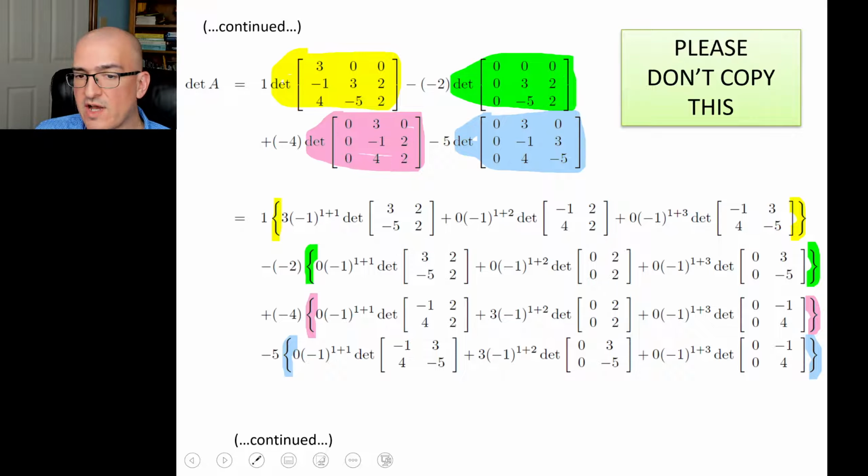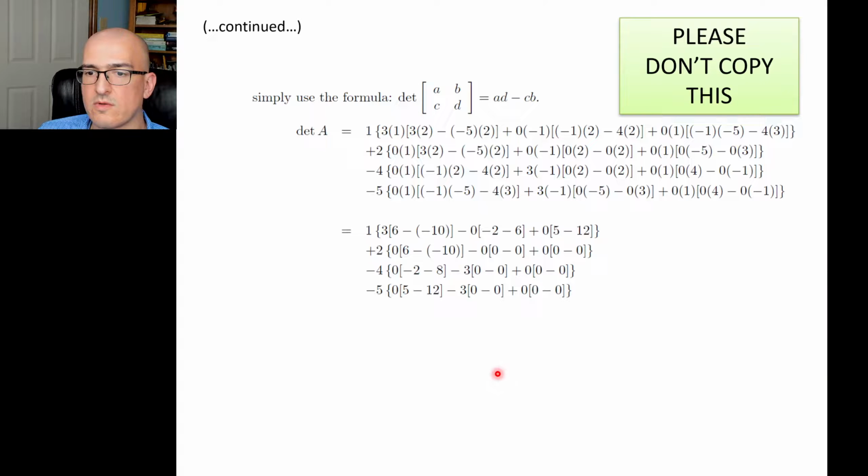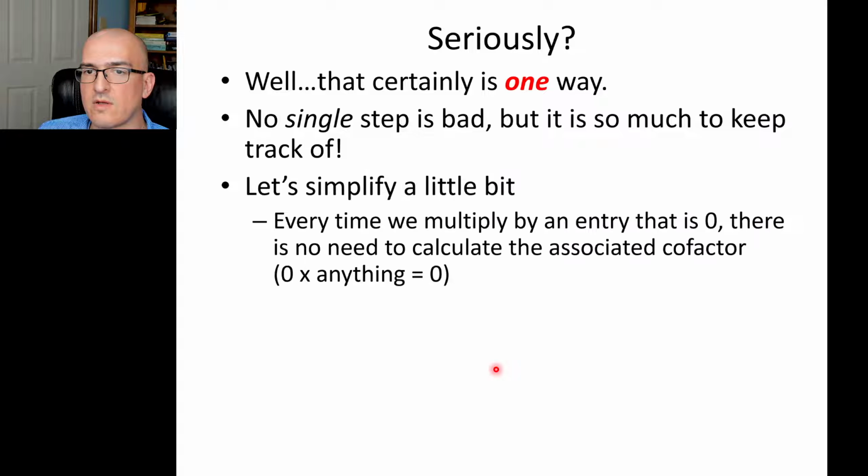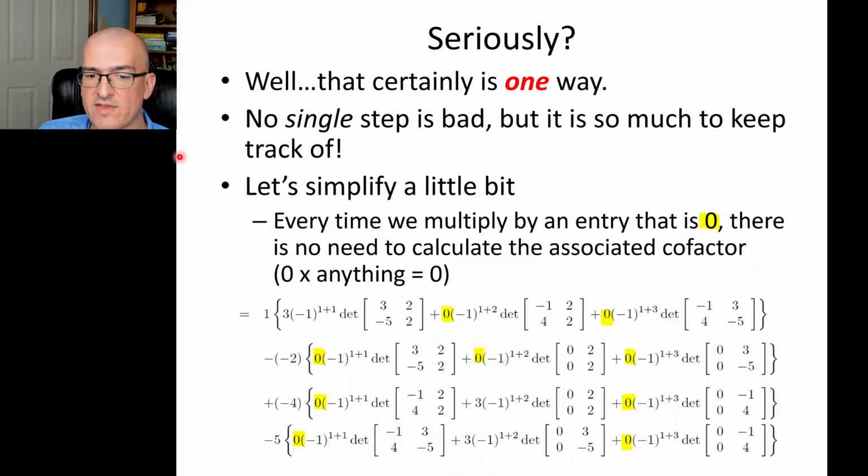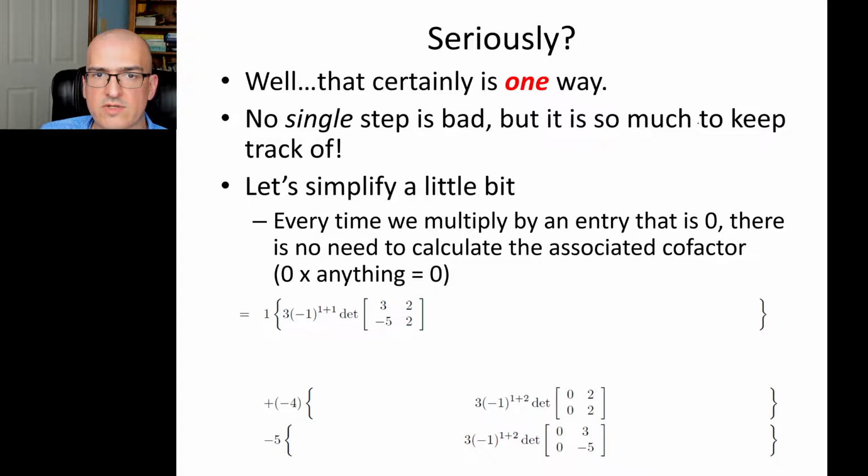So what we could have done is identified that ahead of time. Identify that there's a bunch of zeros hanging around, and said all those determinants don't need to be calculated. Just zero them out. Who cares what they are? Who cares if it's 0 times 7 versus 0 times 3?